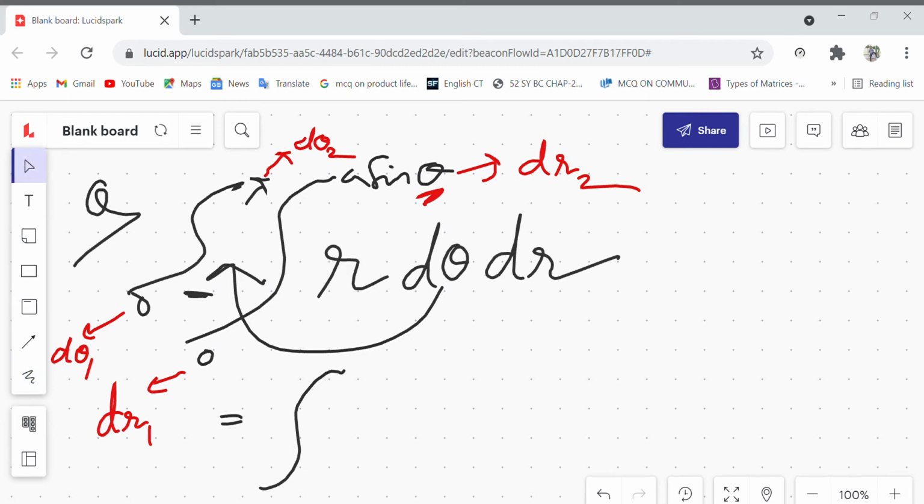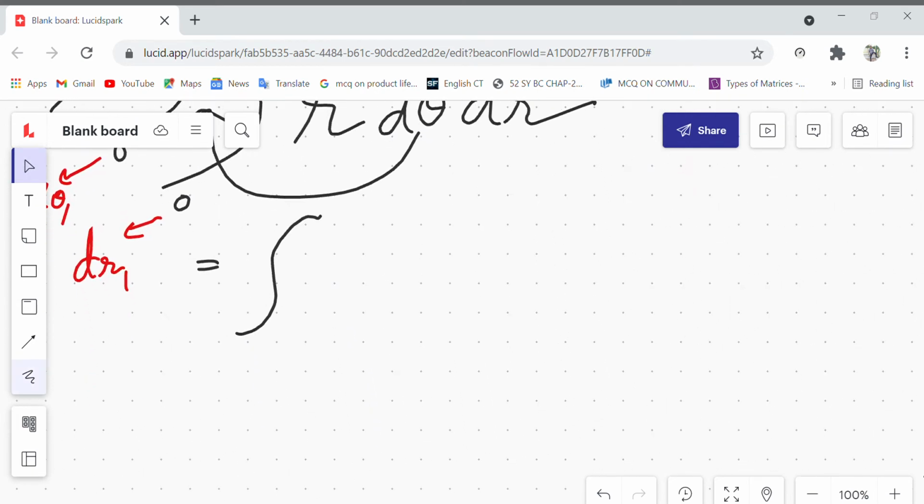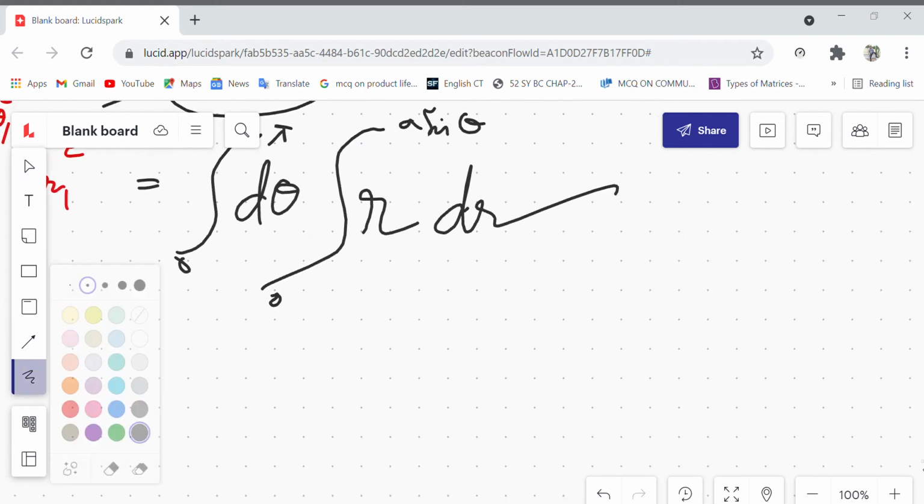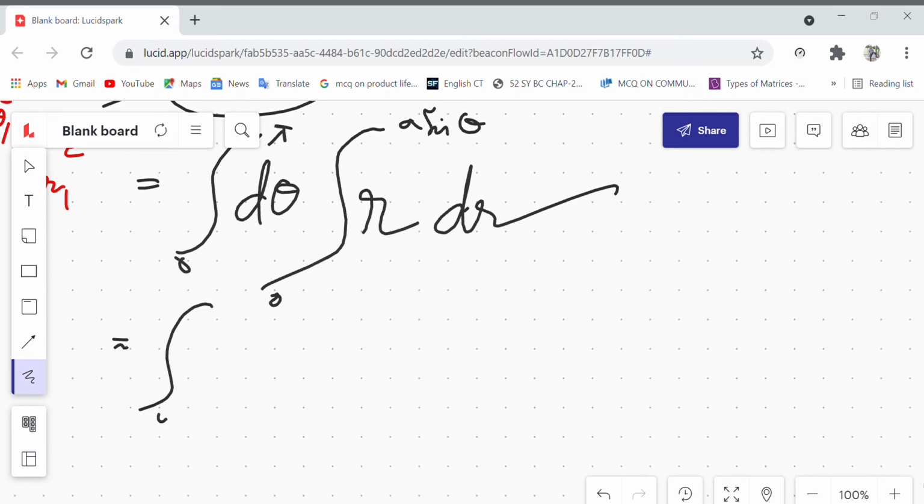So now let's continue. d theta, integration 0 to pi, then again 0 to a sine theta, sorry, r dr. Then again equal to 0 to pi d theta.